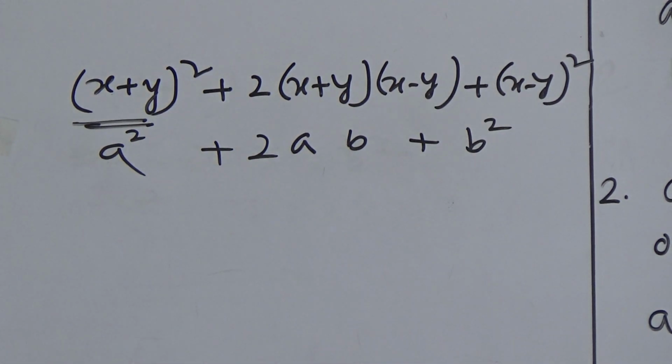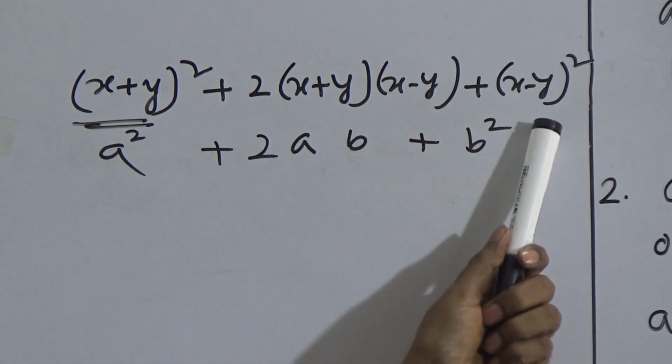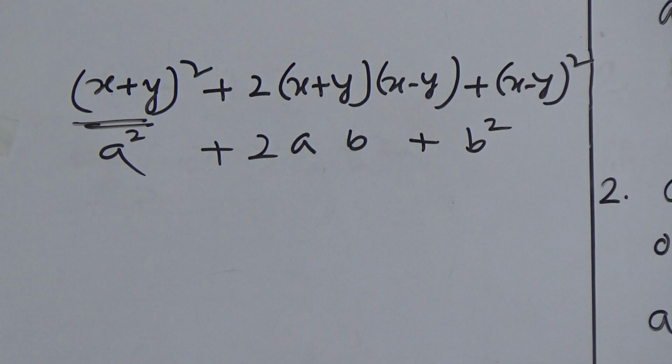Okay, at first you have to consider x plus y equal to A and x minus y equal to B. Yes, you can select M, N, P, Q as you wish.